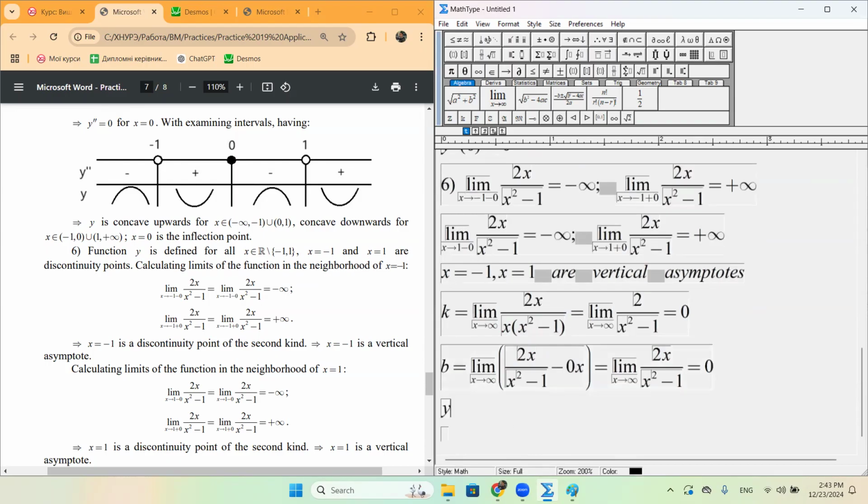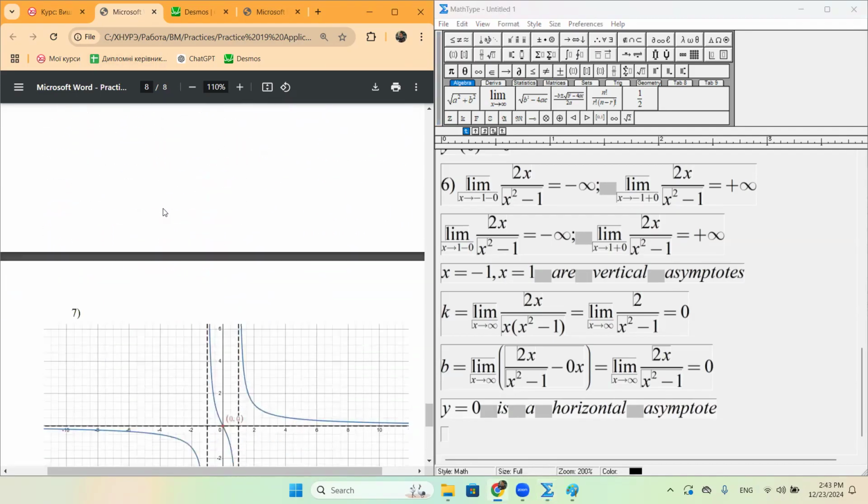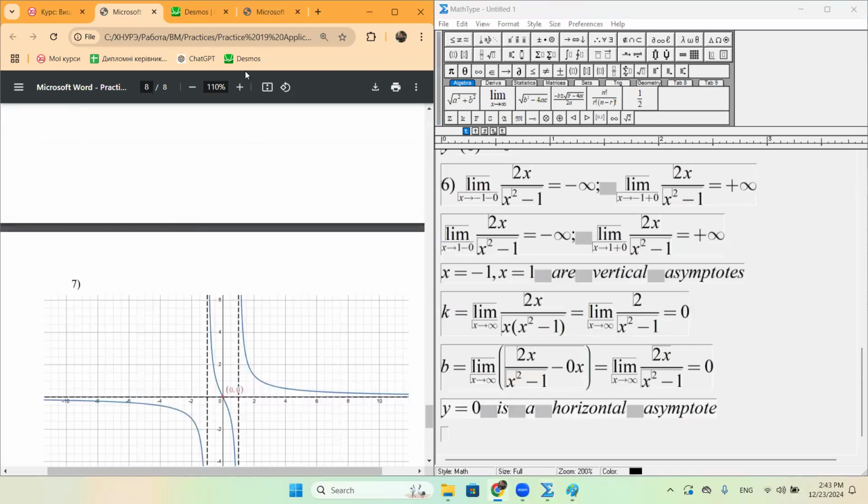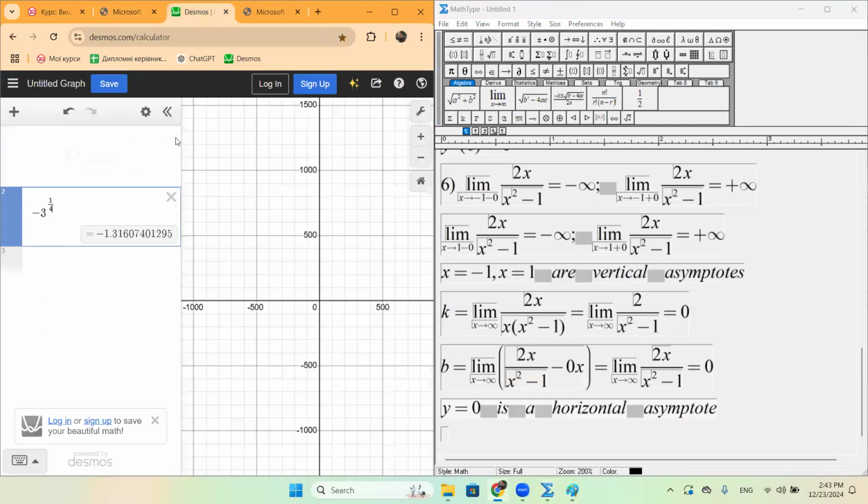So y equals 0 is a horizontal asymptote. So asymptotes found. Now that we found all asymptotes, we can start building the graph.